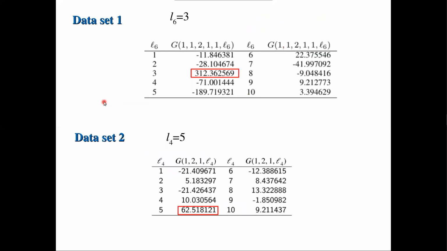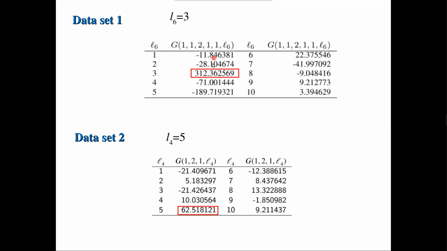Next step, we need to find which vectors attributed to the genes are associated with the combination of the vectors identified in the previous slide. For dataset 1, we have selected the first, second, first vectors, and we have found the third vector attributed to the genes has the largest weight.